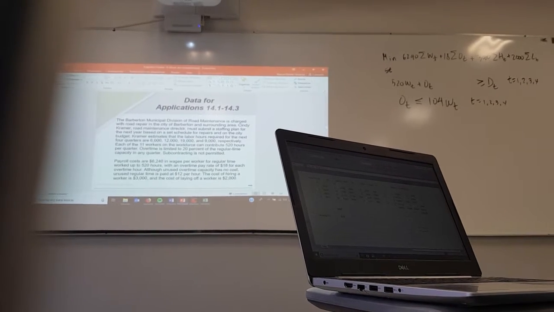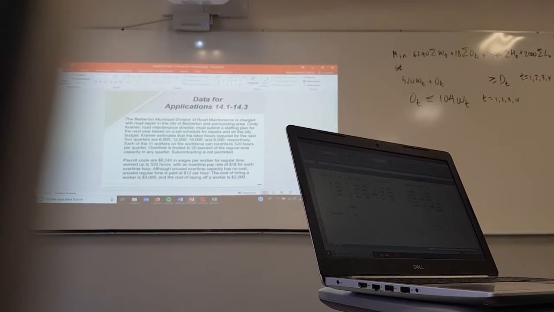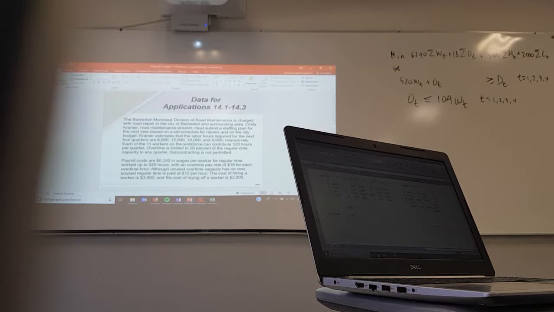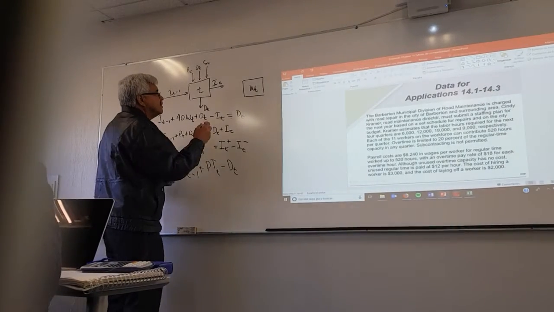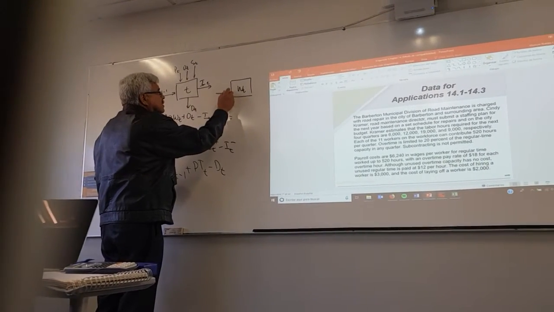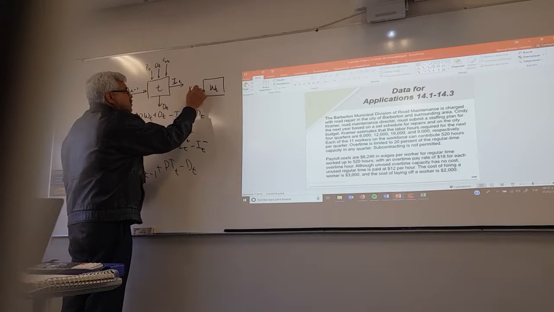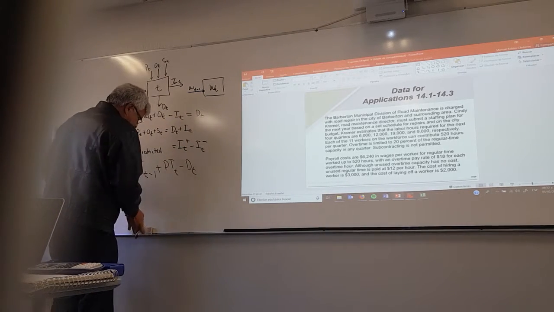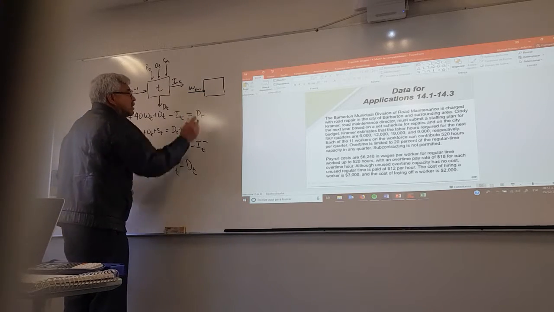This is the number of workers in period T, and this is going to be equal to, can I write this? W T minus 1? No, this is stage T.